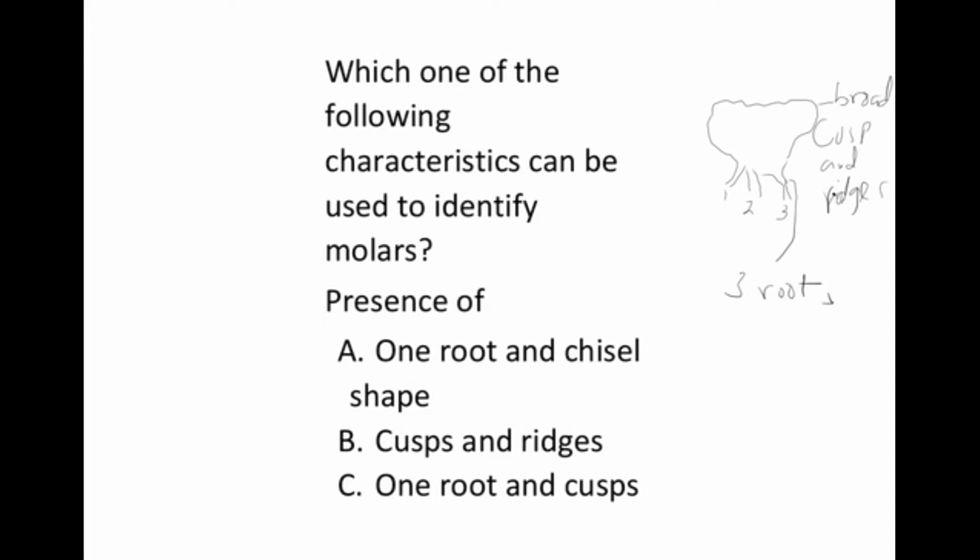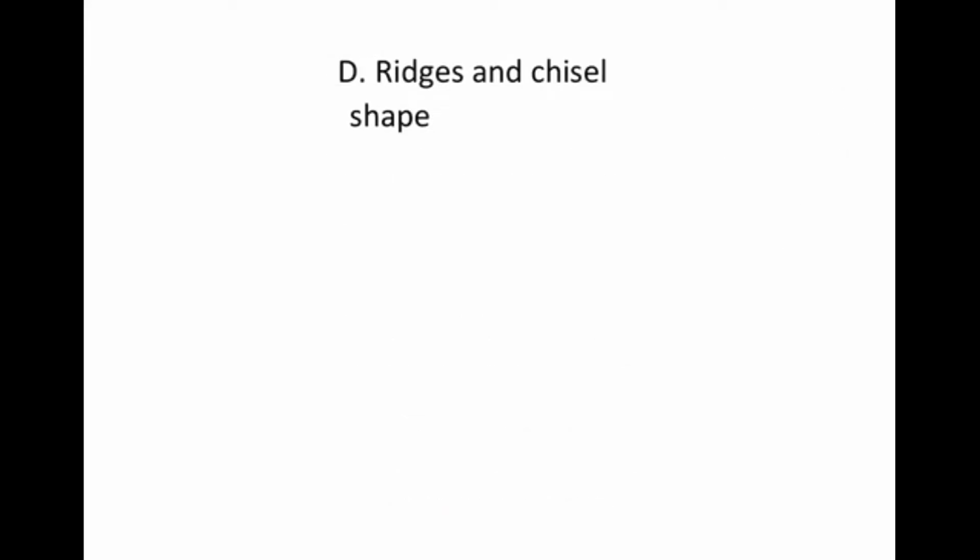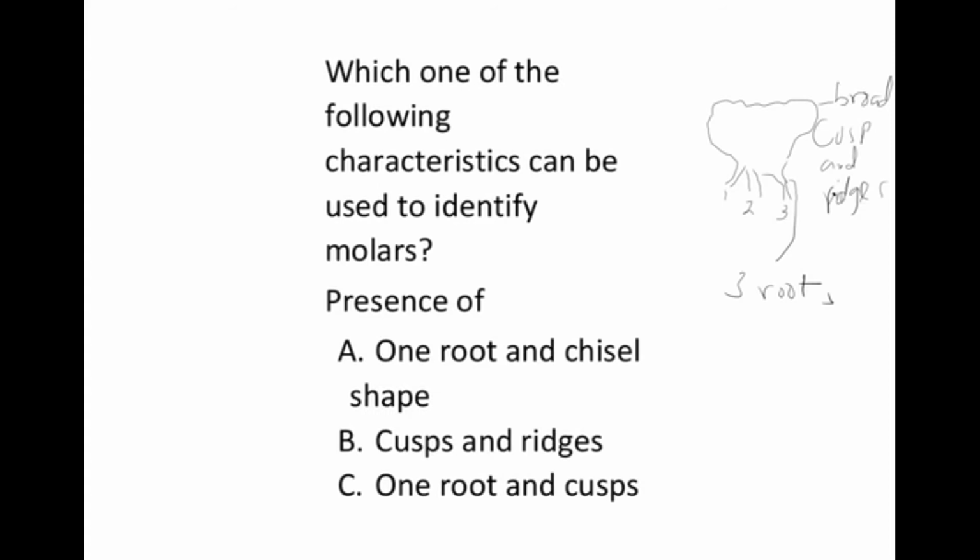We have C, 1 root and cups. Cups, yes, but 1 root, it does not have 1 root because we have said now it has 3 roots. When you look at our choice D, ridges and chisel shape, you look at the diagram here, it does not have a chisel shape.